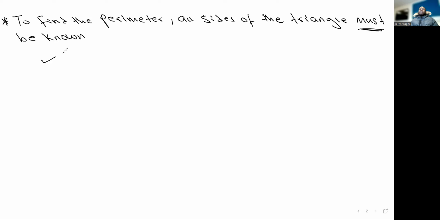All right, so first, if, for instance, the coordinates of the three points of the triangle are known, we can then find the sides by using the distance formula.